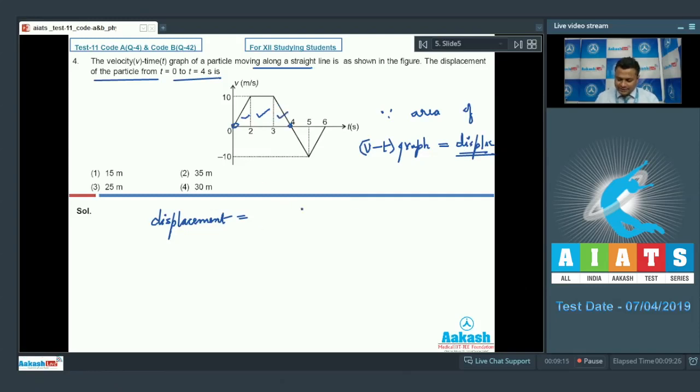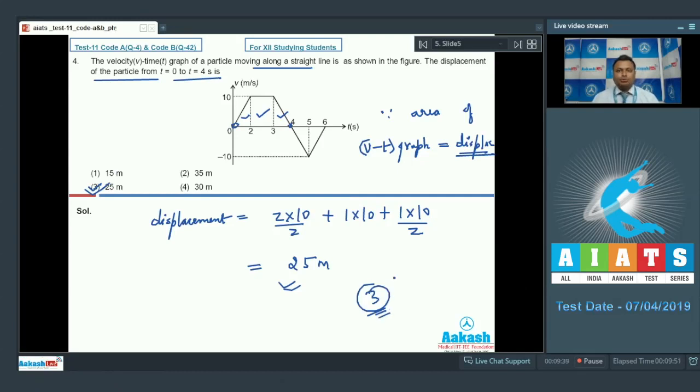So, we will get for triangle 2 into 10 divided by 2 plus 1 into 10 plus 1 into 10 divided by 2. And after solving, we will get 25 meter as displacement. It means we have to go with option number 3, which is absolutely correct. So, therefore, option number 3, everyone. Now, move on to the next, that is question number 5.